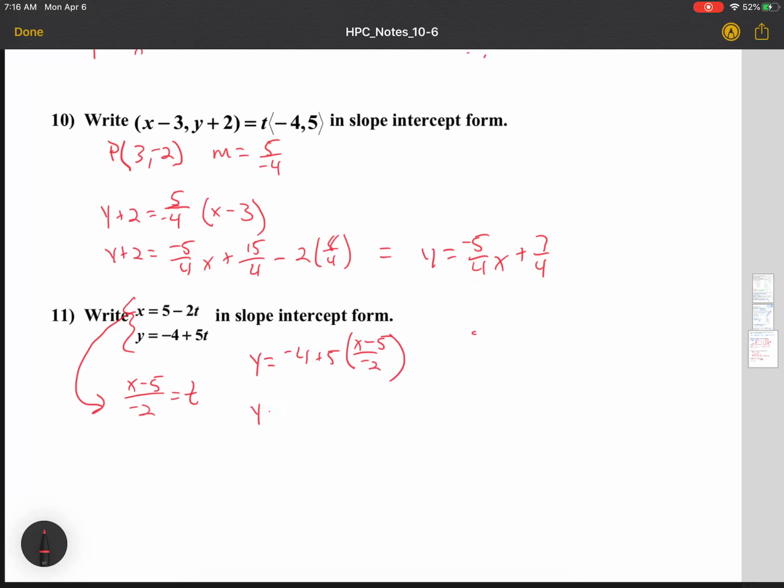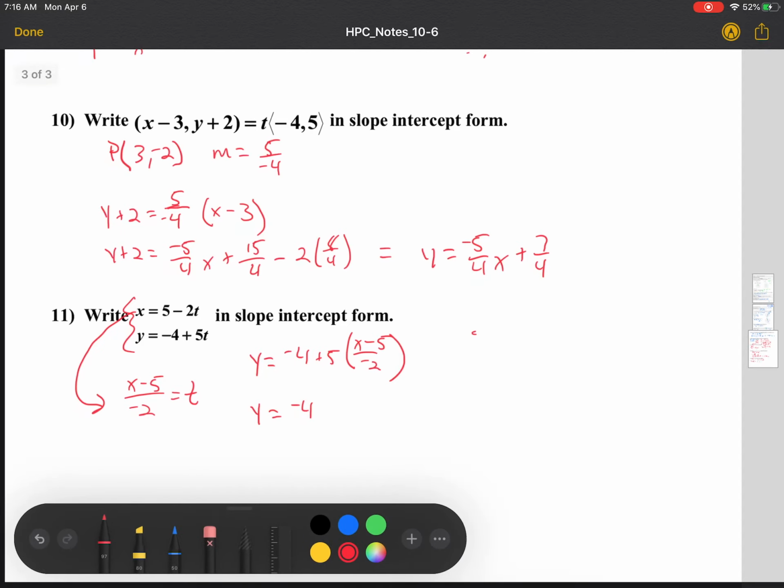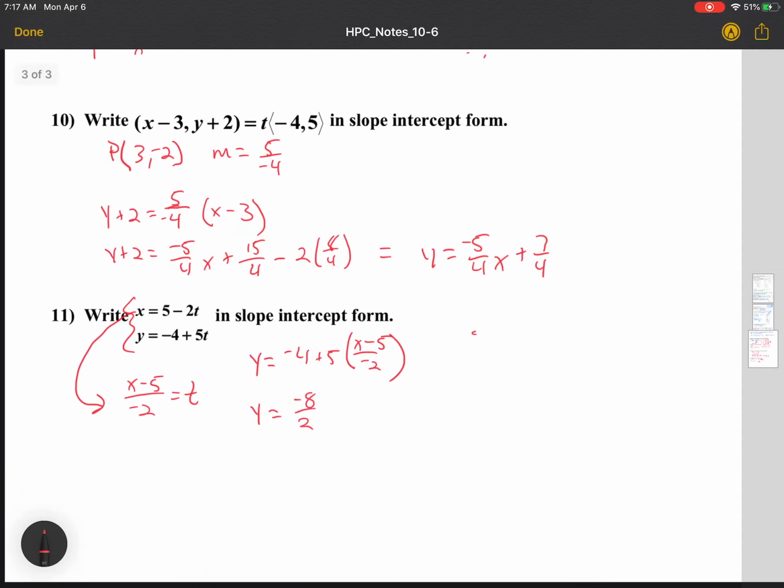All right, we solve that down. Actually, I'm going to change that negative 4 because I want common denominators. It just makes all this addition easier. So I'm going to change this to a negative 8 over 2.